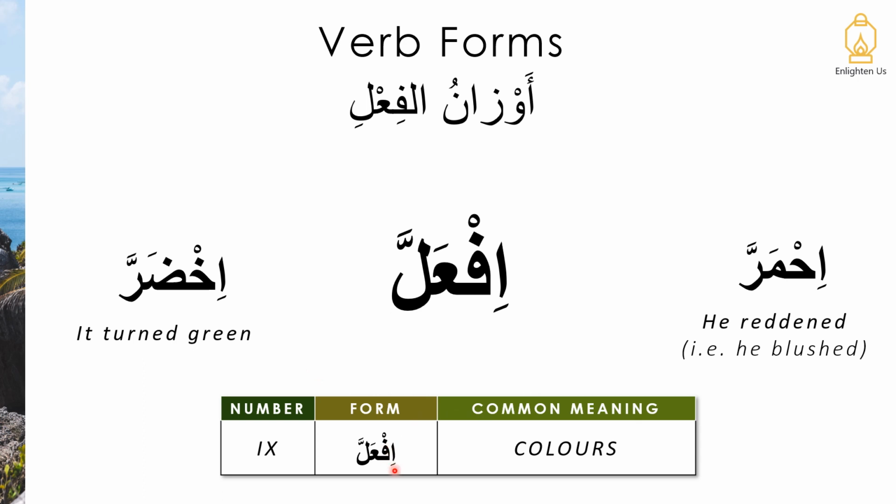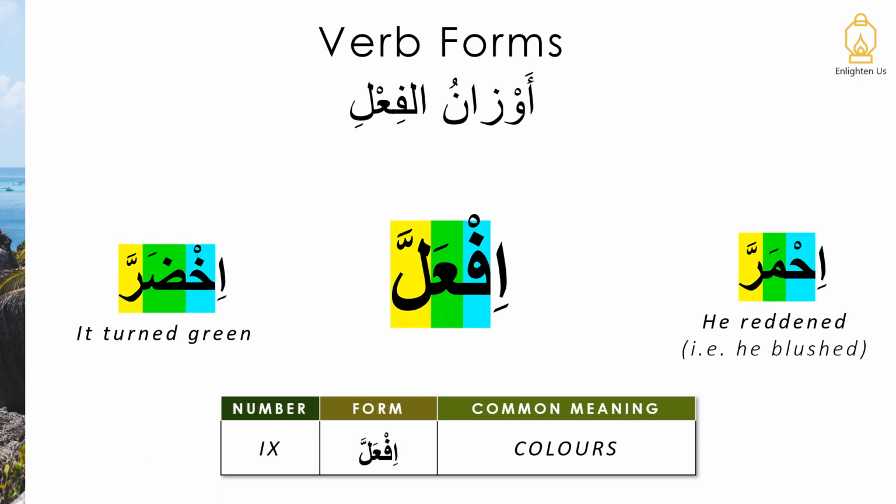And our form for this is if'alla. This is the form that we use when we want to talk about the changing of colour. And what does this mean? Well, the ha here will correspond to the fa, the mim will correspond to the ain, and the ra will correspond to the lam.